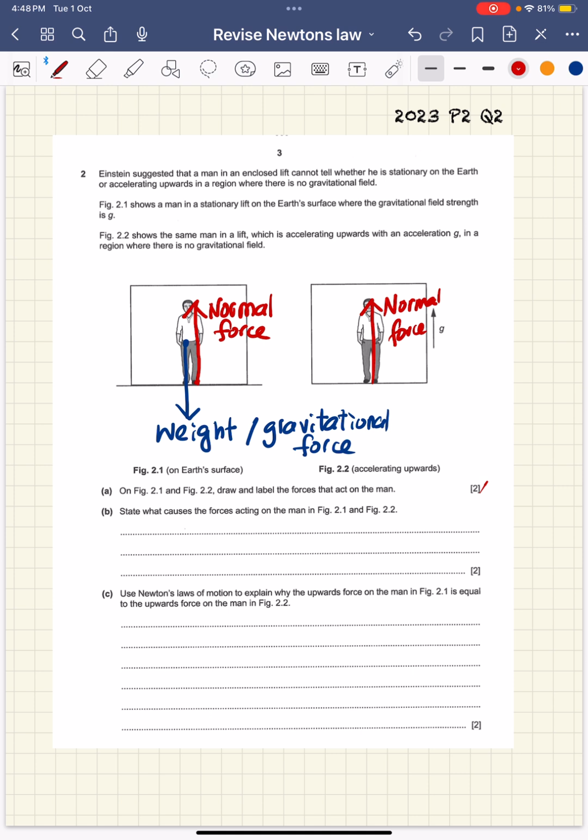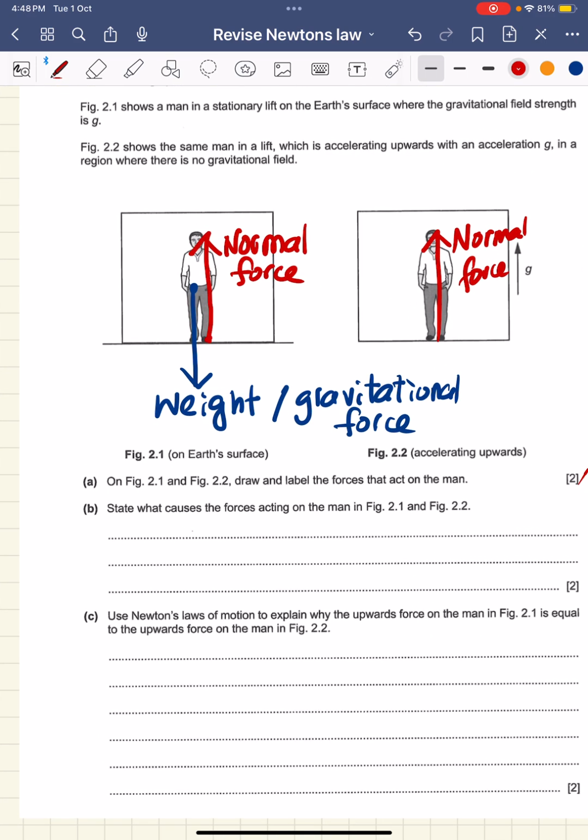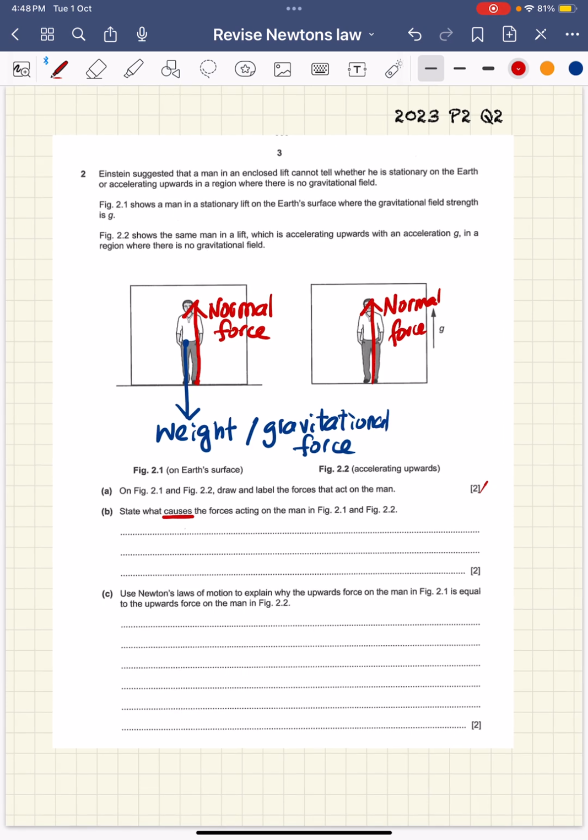Part B: state what causes the forces acting on the man in the two figures. This is about what causes the force, and notice it is 2 marks only, so 1 mark for explaining the cause of each force.